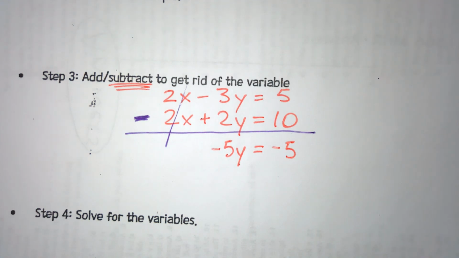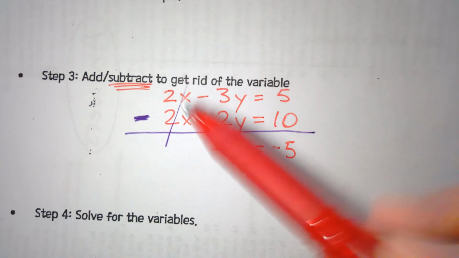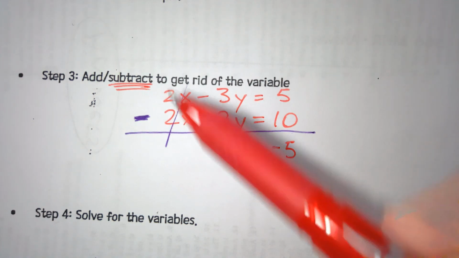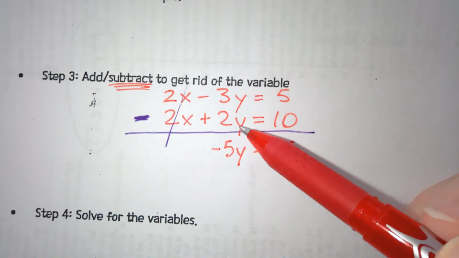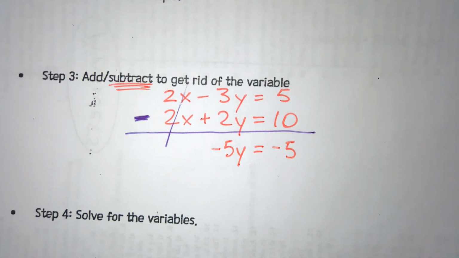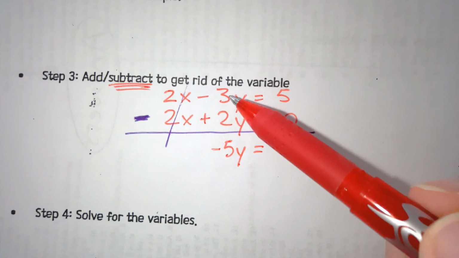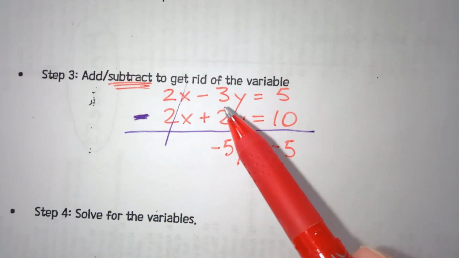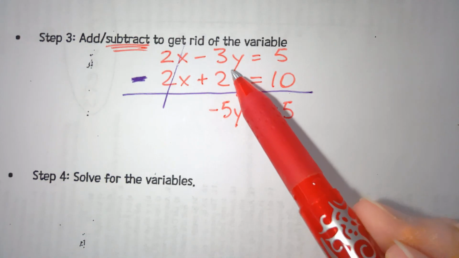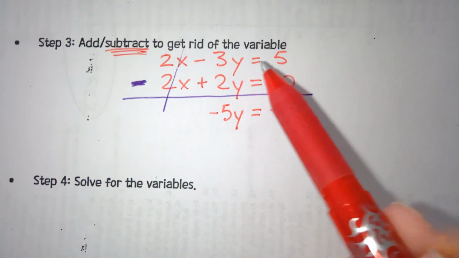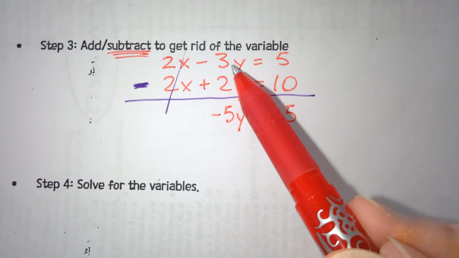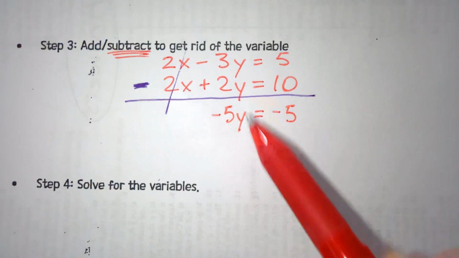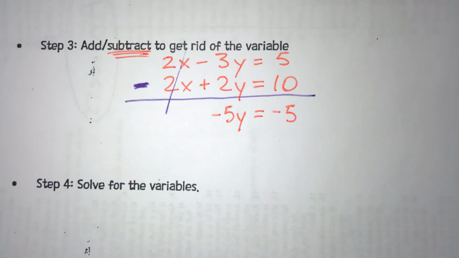When you subtract the equations, remember you're subtracting every term. If you didn't see it at first, that means somebody else in class didn't see it as well. So negative 3y minus 2y gave you negative 5y.